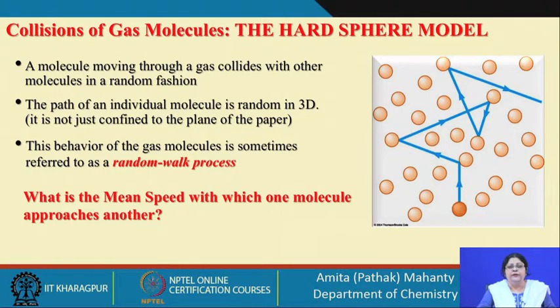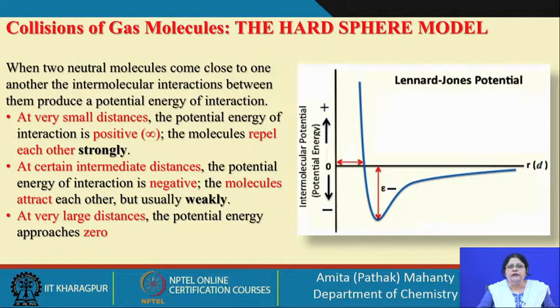But before that, let us look into the Lennard-Jones potential of any two neutral molecules when they are interacting. You have seen this potential energy curve in your books. What is this potential energy curve arising from? When two neutral molecules approach each other, the nucleus is positively charged and the electrons are surrounding it.